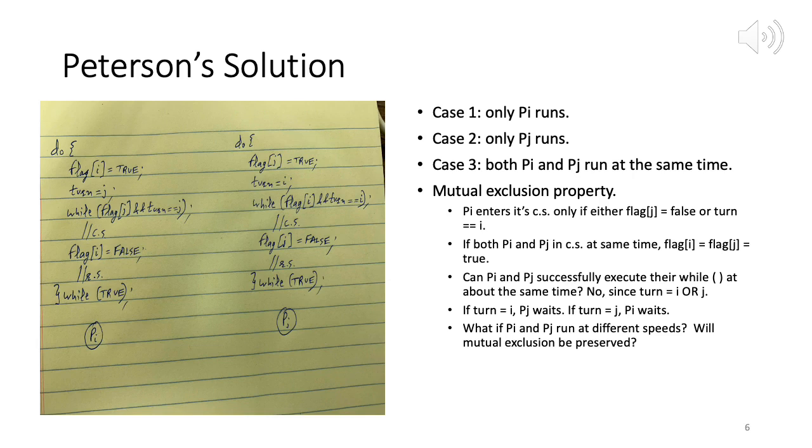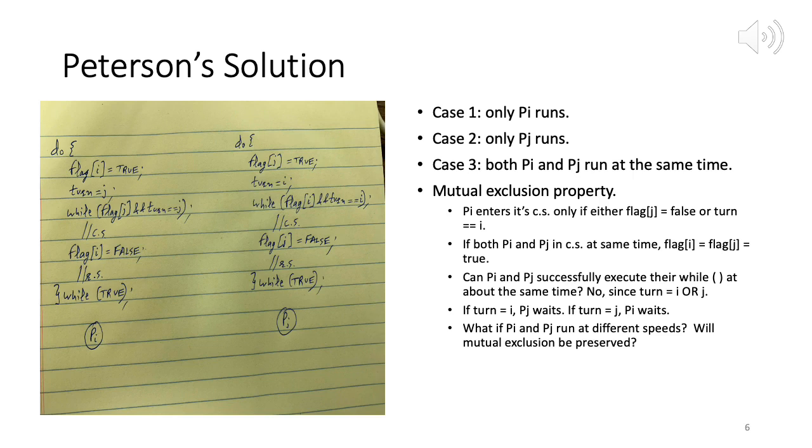Let's say Pj runs very fast. So it sets flag j as true, sets turn as i, and now it's evaluating the while. So Pj is at the while, it's not done evaluating, and then Pi runs quickly, flag i is true, and it's at turn = j. So now Pj is at the while, Pi is at turn = j. Any of them can go first.